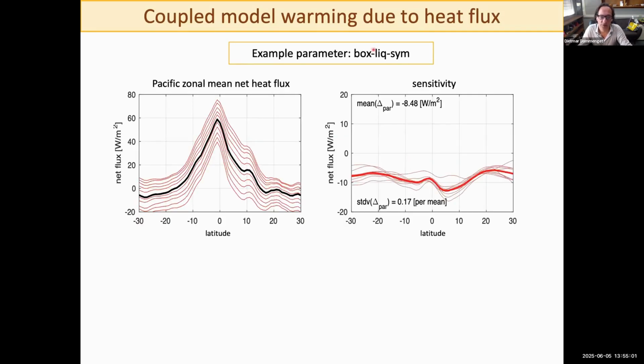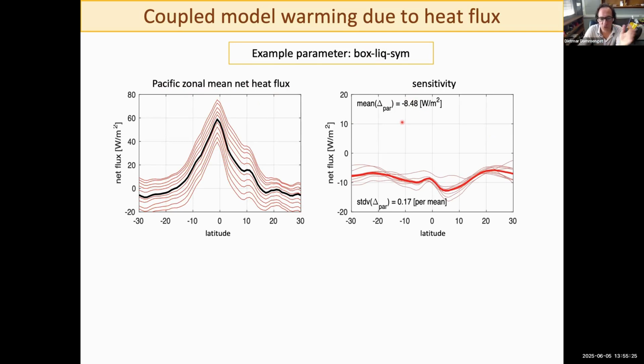Some of these parameters that we played around with actually have a very strong impact on the net heat flux. This is a Pacific zonal mean net heat flux, and the sensitivity is on average about 8 watts per square meter. So by changing this parameter by a value of 1, you basically get 8 more watts, negative 8 watts, into the Pacific Ocean, and that's more or less global.